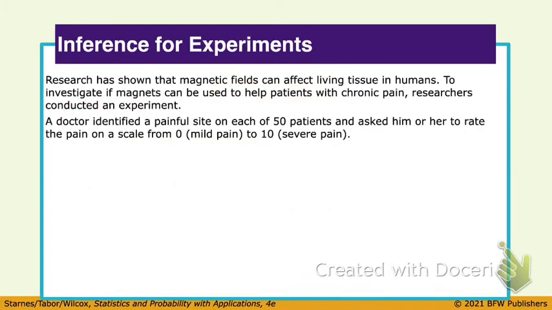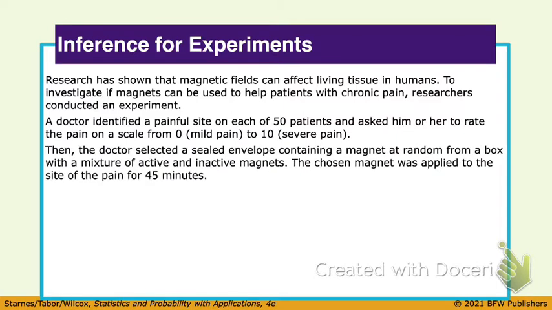Research has shown that magnetic fields can affect living tissue in humans. To investigate if magnets can be used to help patients with chronic pain, researchers conducted an experiment. A doctor identified a painful site on each of 50 patients and asked him or her to rate the pain on a scale from 0 to 10, mild pain to severe pain.